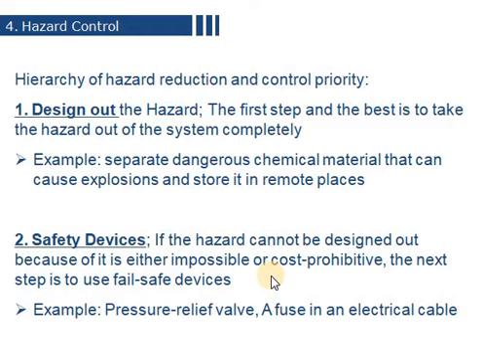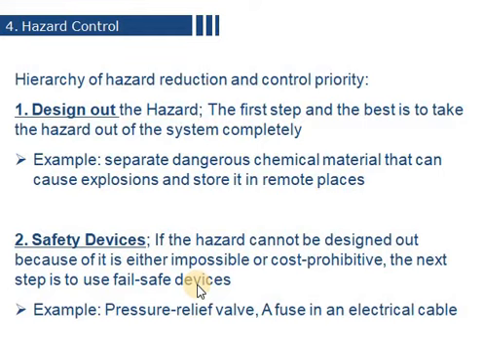So in this case, we will use the fail-safe devices. What is the fail-safe device? It is a device or a system designed to remain safe in the event of failure. So the fail-safe isn't designed to prevent failure, but to mitigate it when it occurs.